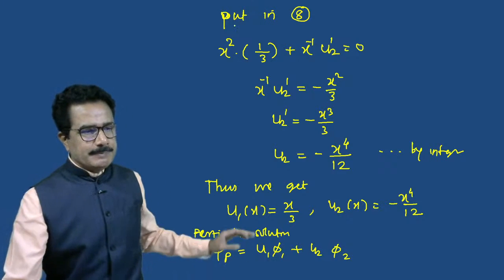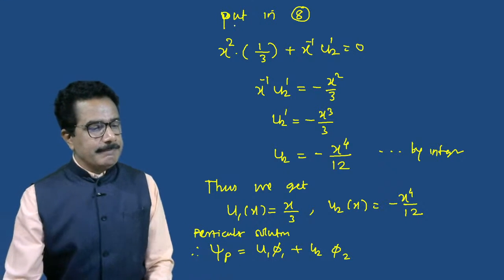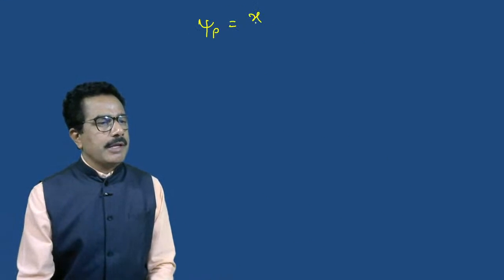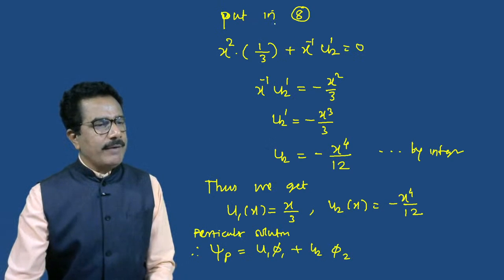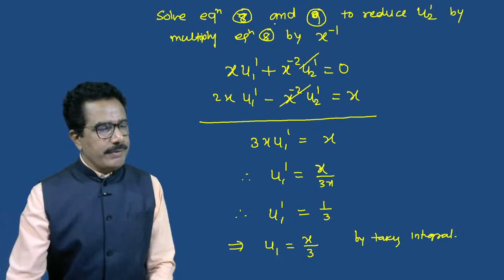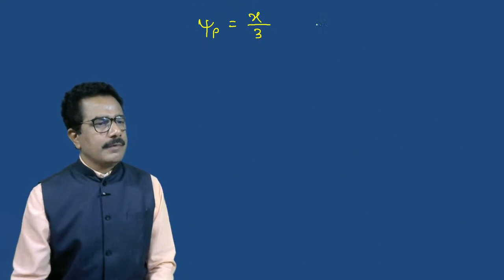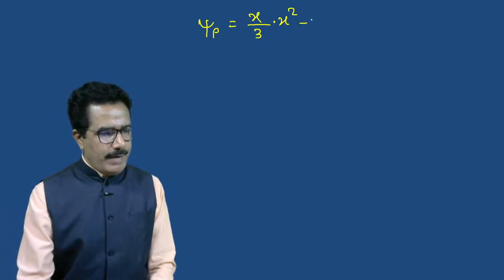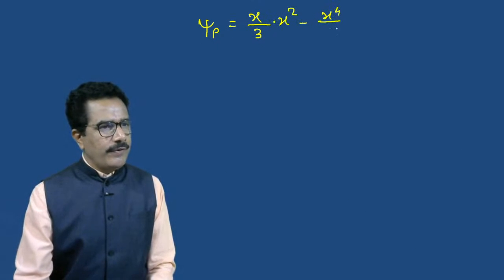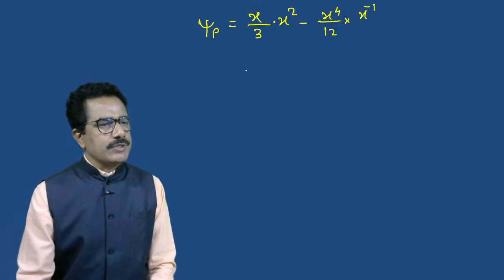हाँ काय येतं रे, u1 means x by 3, x by 3 into phi 1 म्हणजे पहा, phi 1 ची व्हॅल्यू चेक करा, phi 1 किती आले रे, phi 1 x स्क्वेअर, minus x raised to 4 डिवाइड बाय 12, phi 2 म्हणजे x raised to minus 1.